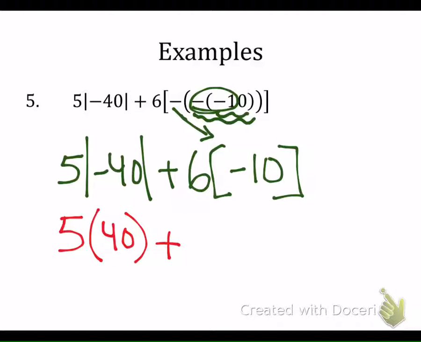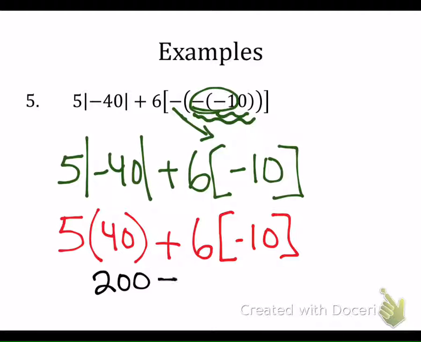I can write this next part as well. What is 50 times 40? 200. Plus, what is 6 times negative 10? Negative 60. All right, so I'm actually going to take that back and make it a minus 60. Is everyone down with that? Yeah. You could put plus negative 60 if you want. Same thing.